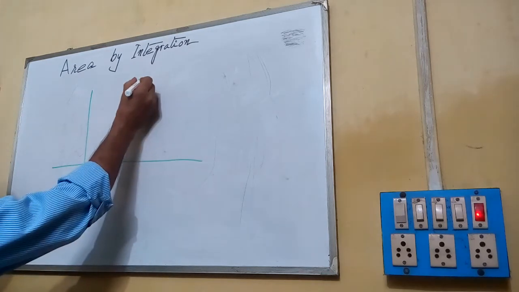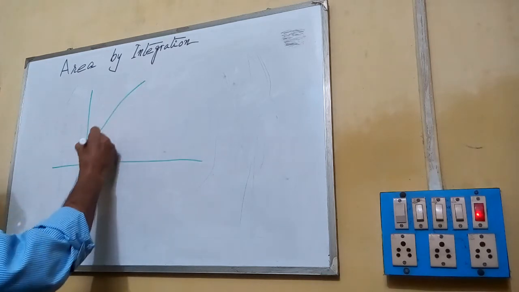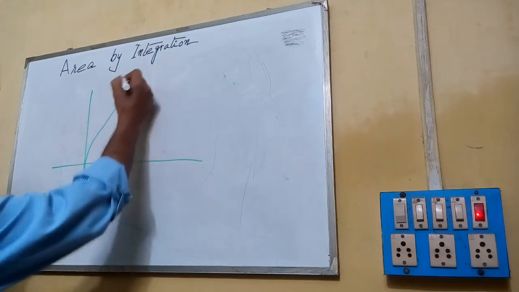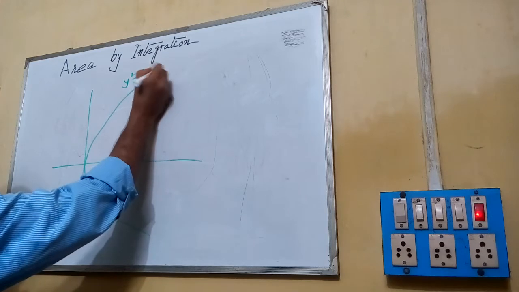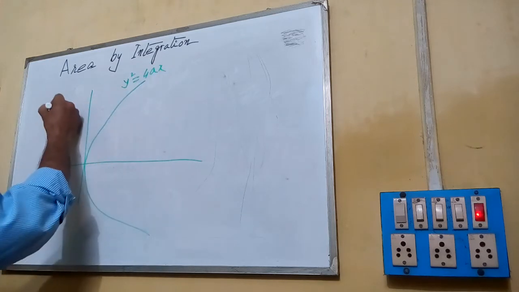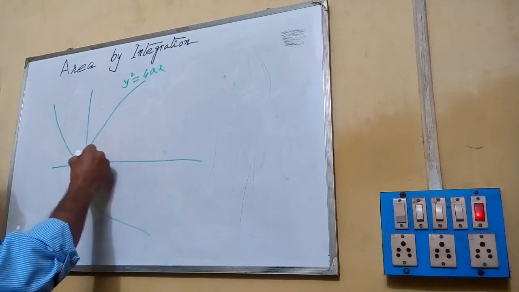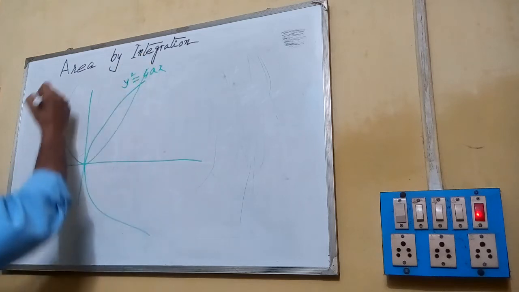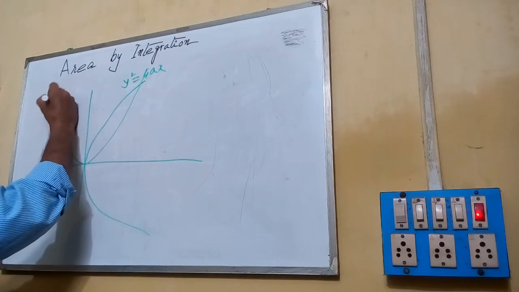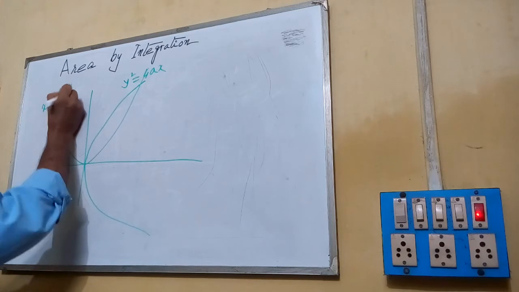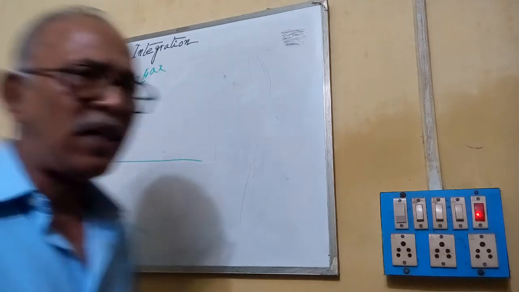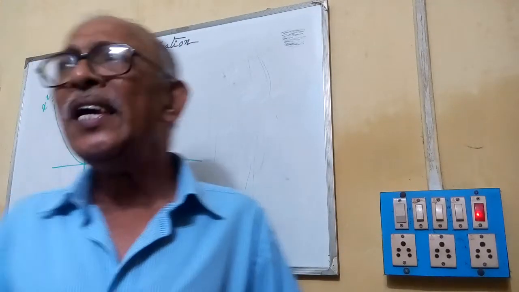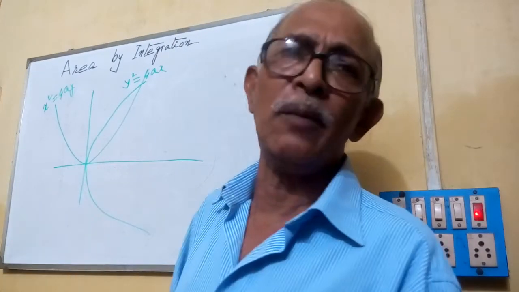Let us assume we are drawing a graph of y square equals 4ax, and this is another parabola, known as x square equals 4ay. Let us assume we are interested in calculating the area enclosed by these two curves.